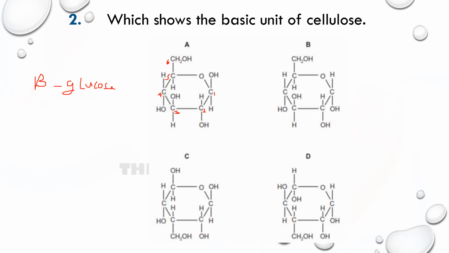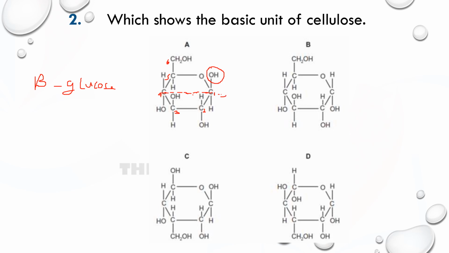And if you check, when I draw a plane across the ring structure, the OH attached to the first carbon atom is above the ring, and that's how we know it is beta glucose. The OH attached to the first carbon atom is above the plane of the ring structure. So this is likely the answer.